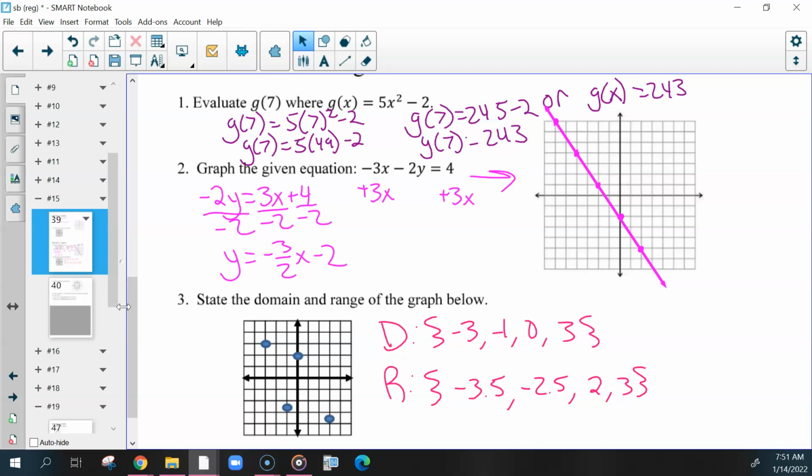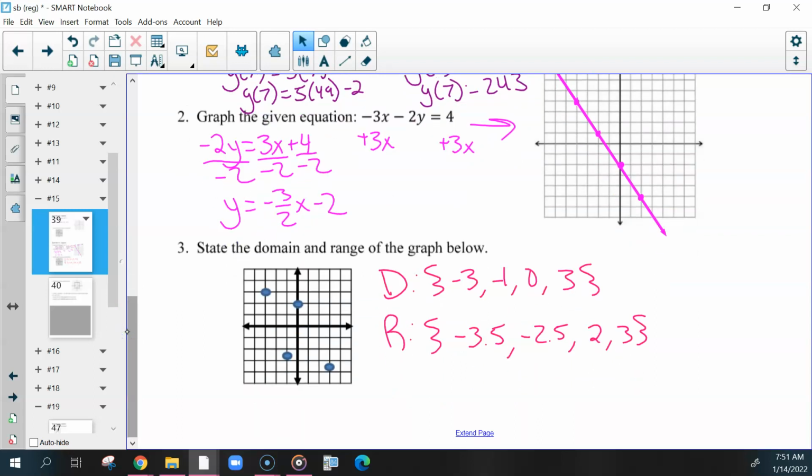Number 3, I don't know if this happened on your papers, but my points were a little off for some of them, so I just made up decimals. The domain, I have -3, -1, 0, and 3, reading left to right, least to greatest. The range for mine, they were a little off.